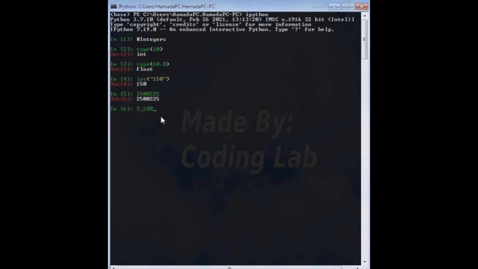So in Python we use underscore instead of commas. So here we used underscores, so the result is the same: 2,500,225.